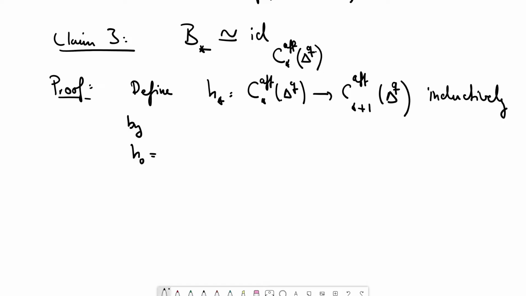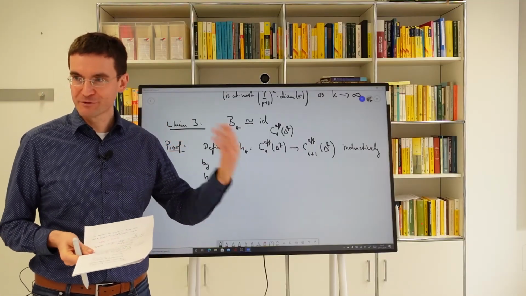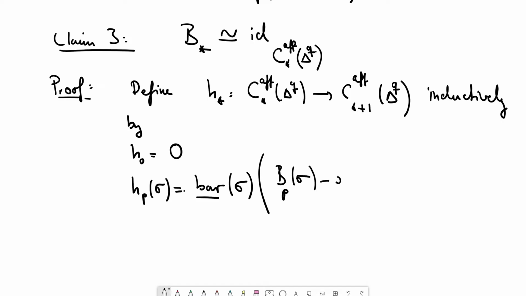H_0 is just the zero map. In degree 0, the subdivision does nothing, so we don't expect that the chain homotopy should do anything. And H_p of a simplex sigma is the map associated with the barycenter of sigma applied to b_p sigma minus H_{p-1} of the boundary of sigma.